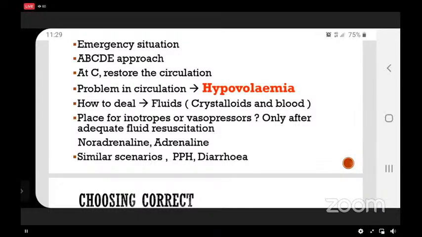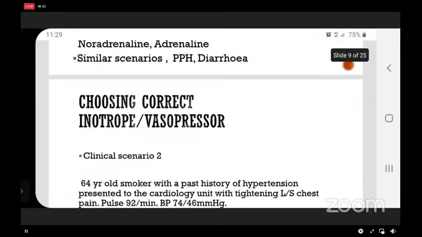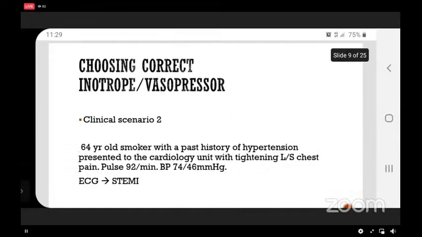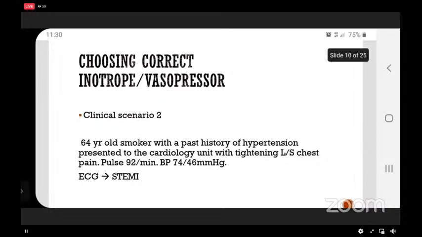We'll go into the next clinical scenario where there's a 64-year-old smoker with a past history of hypertension presented to the cardiology unit with tightening left-sided chest pain. Pulse rate is 92 and blood pressure is quite low, 74/46. And when you're doing the ECG, you find the patient is having ST elevation MI.